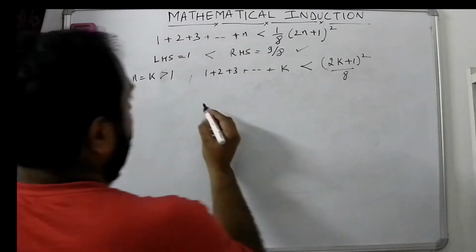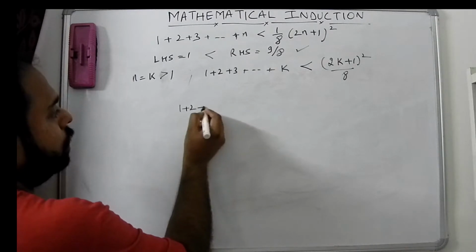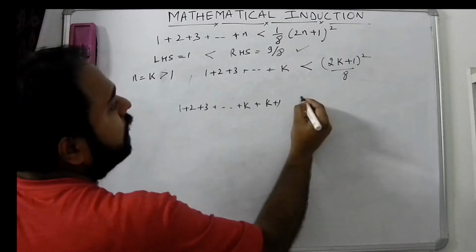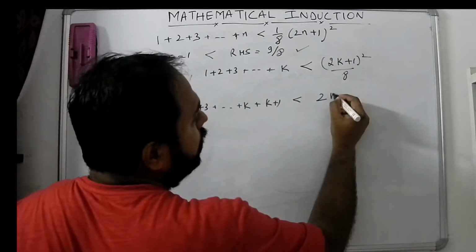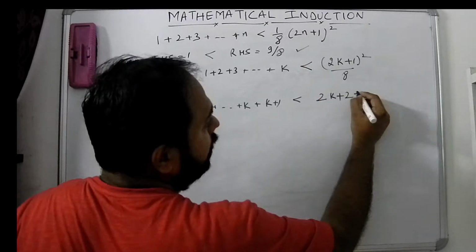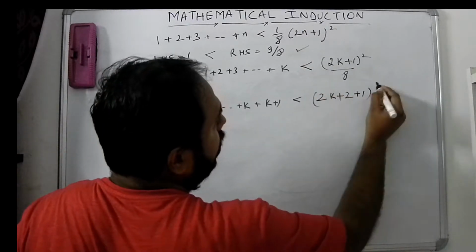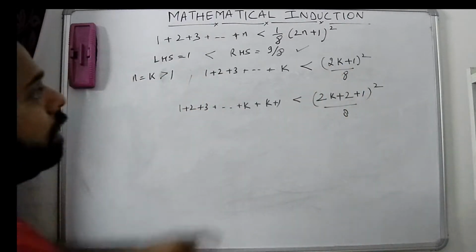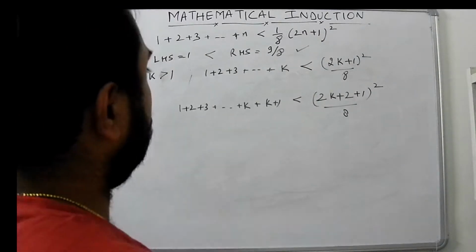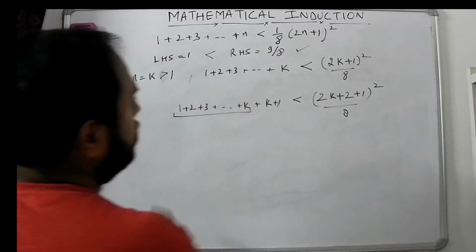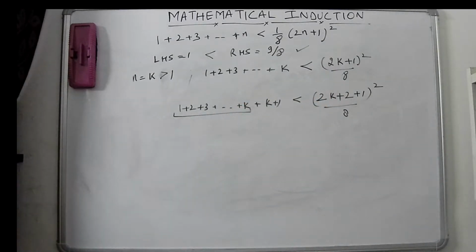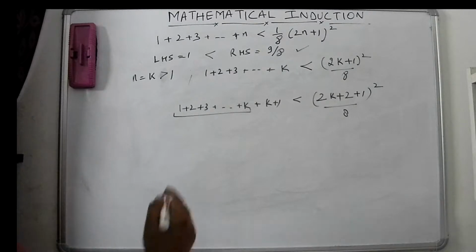Now what I need to prove is 1 plus 2 plus 3 plus up to k plus 1 is less than (2k plus 2 plus 1) whole square upon 8. I'm just writing 2k plus 3 as 2k plus 2 plus 1. Now I know that this thing is definitely less than (2k plus 1) whole square by 8.